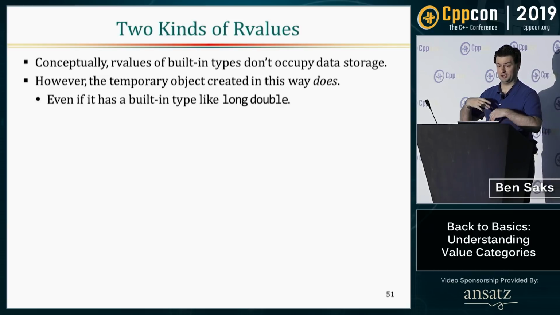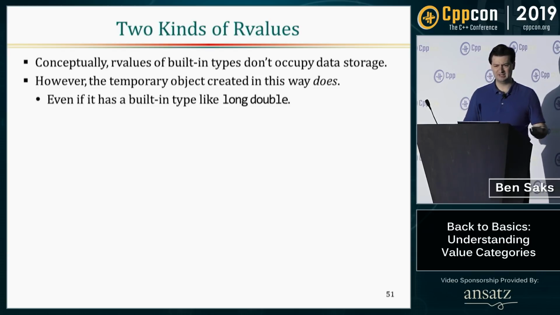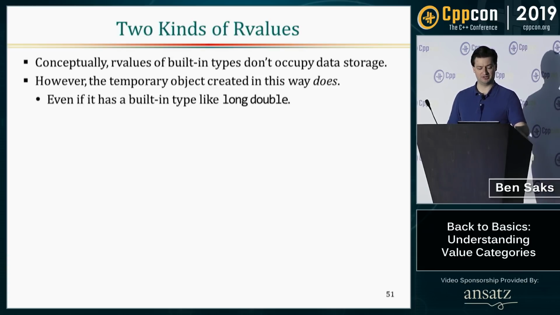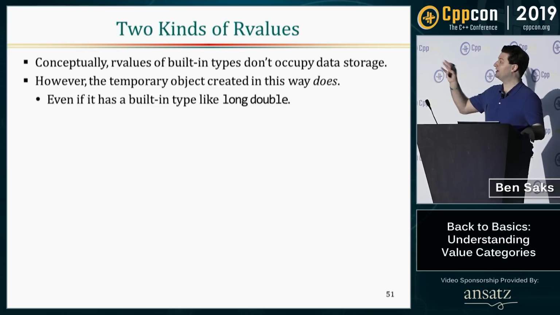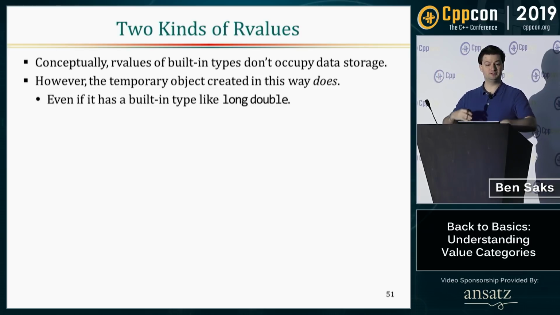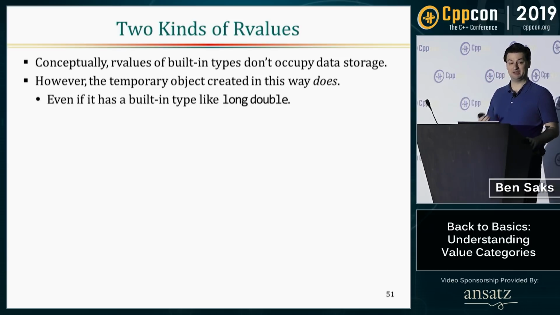So I talked before about how normally we think of rvalues of built-in types as not occupying storage. Rvalues of class types do occupy storage. This temporary object that we've just created as part of doing this reference binding also occupies storage.